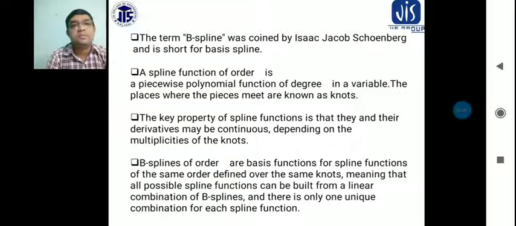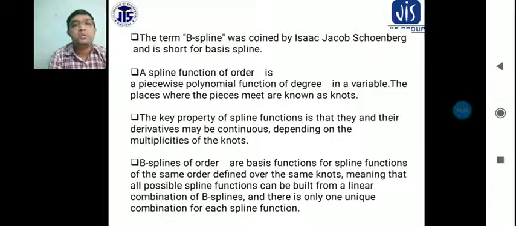The key properties of spline functions are that they and their derivatives may be continuous, depending on the multiplicities of the knots. The B-splines of order n are basis functions for spline functions of the same order defined over the same knots, meaning that all possible spline functions can be built from a linear combination of B-splines, and there is only one unique combination for each spline function.